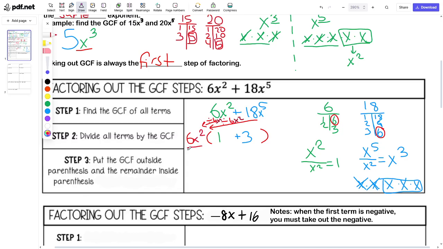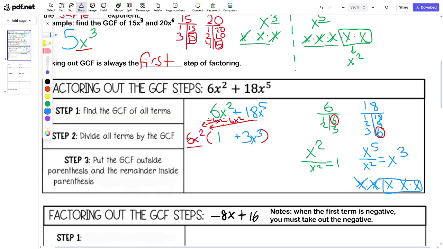Their GCF is not just 6, it's not just x squared, it's 6x squared. So if you divide 6x squared by 6x squared, you get 1. If you divide 18x to the 5th power, well, you get 3, because 18 divided by 6 is 3, and you get x cubed, because x to the 5th power divided by x squared is x cubed.